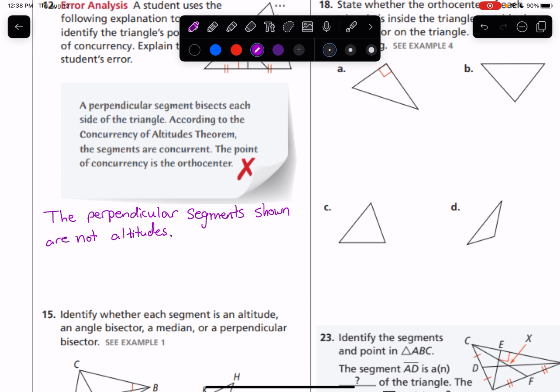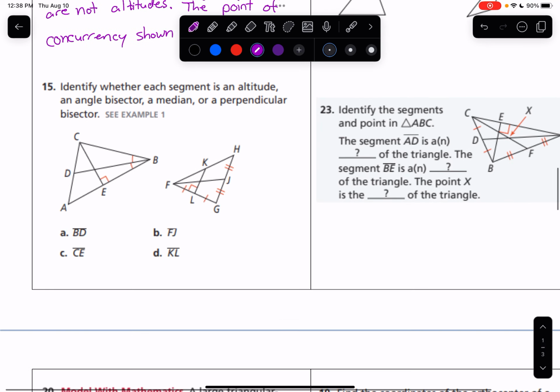Instead, the point of concurrency shown is the circumcenter.